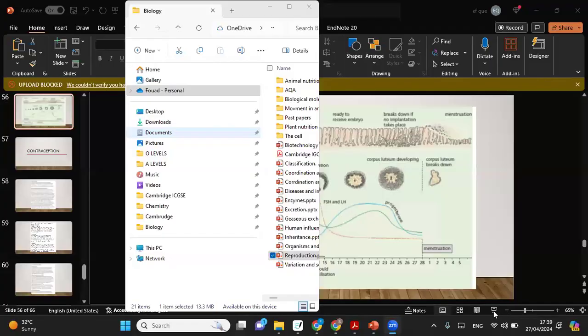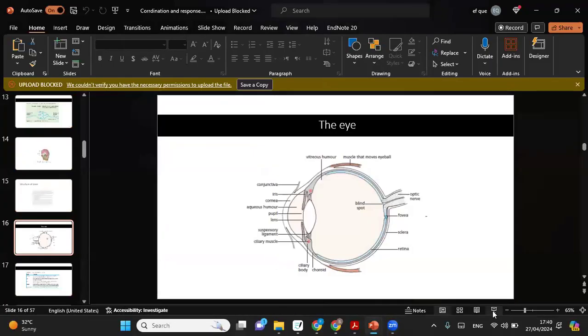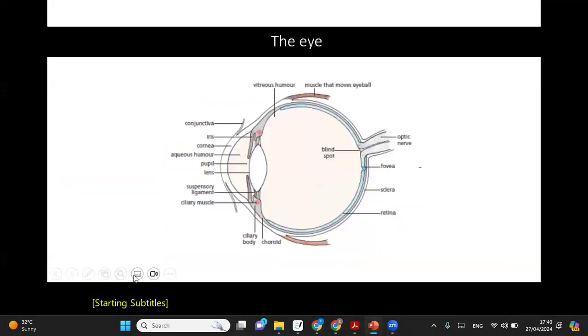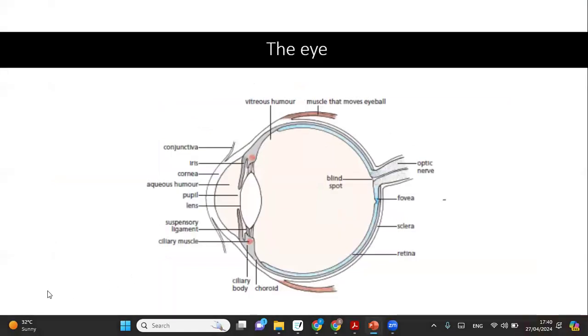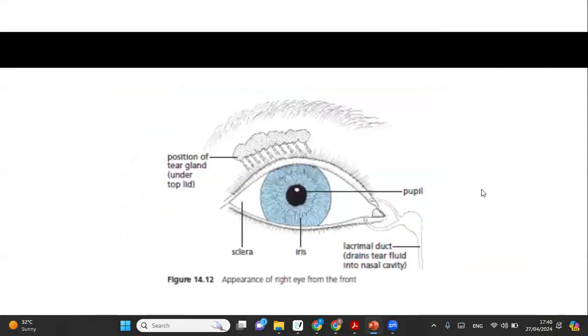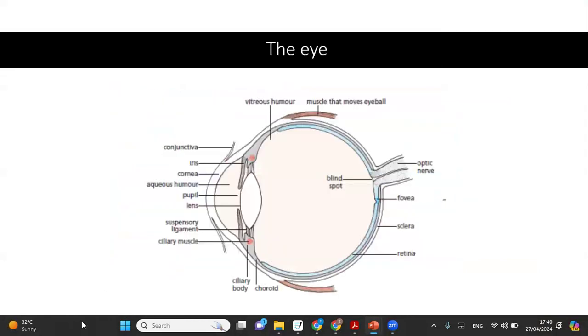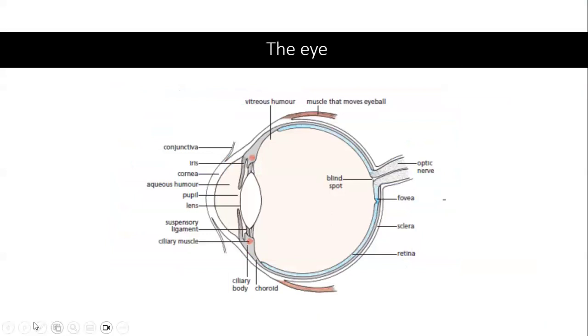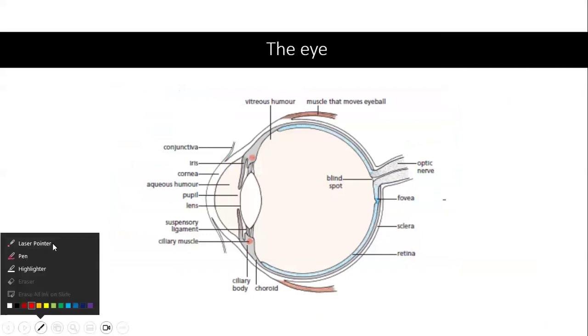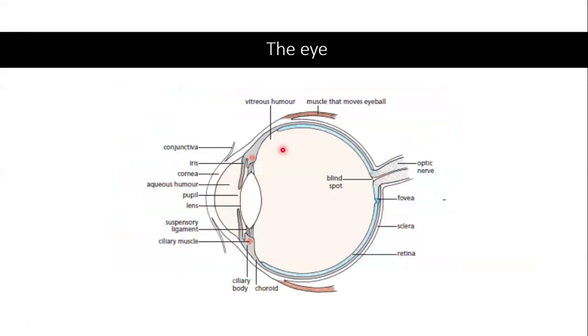All right, so going over the portion related to our eye. In our eye, let's first of all review the different structures of the eye and what the functions of these different structures are. And then we have to talk about two reflexes. So the structure of the eye looks something like this.